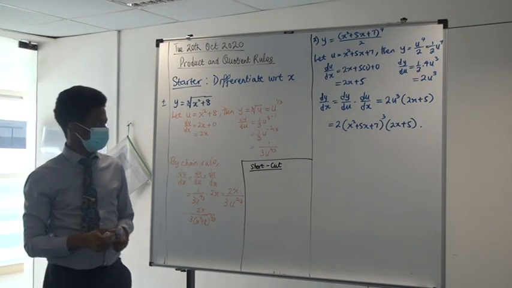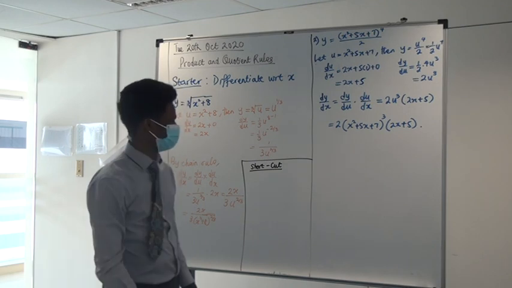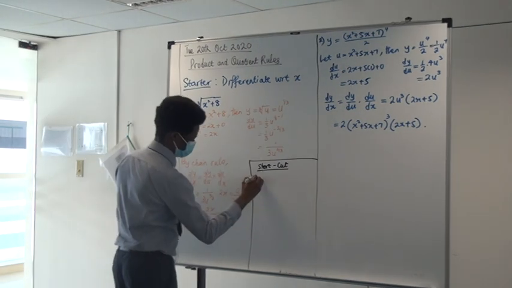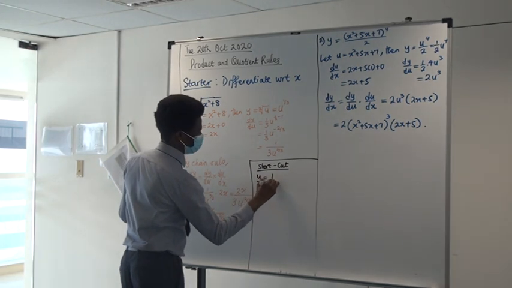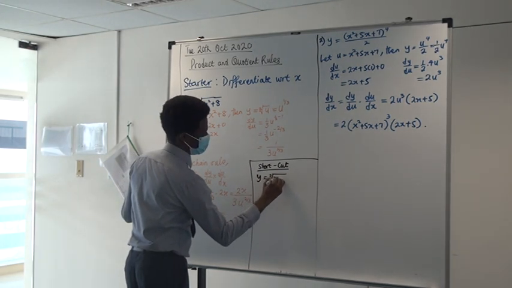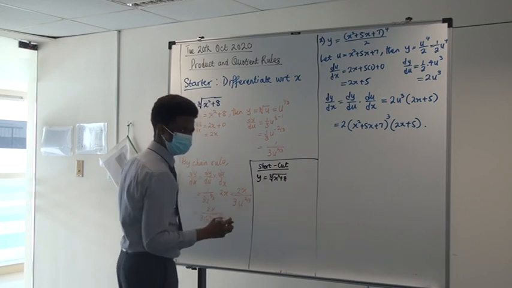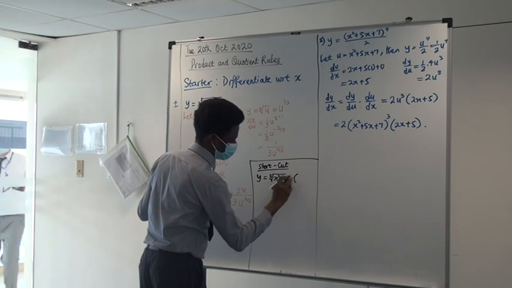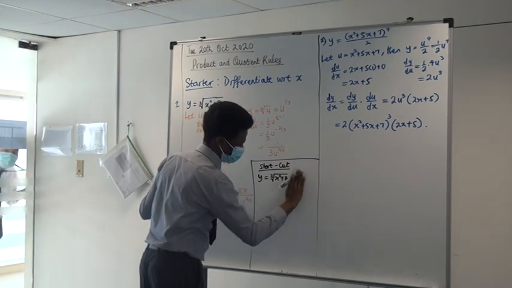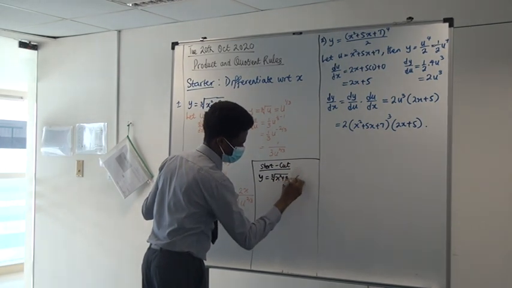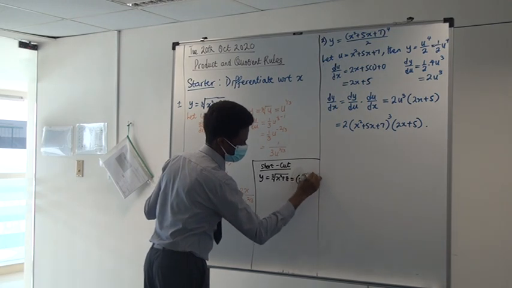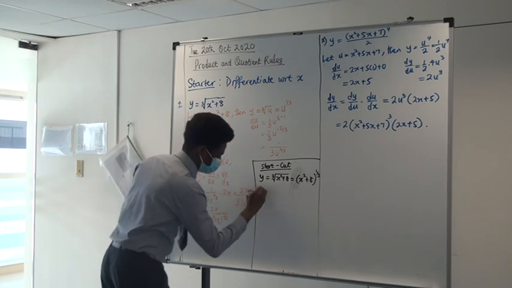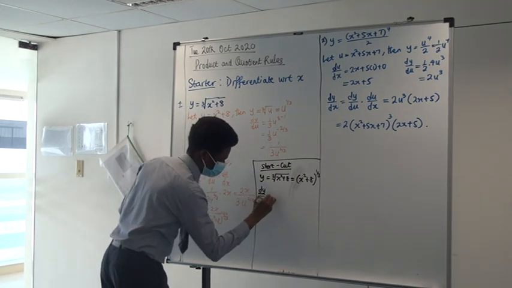Okay? Now, let's do the shortcut. To do the shortcut is to write your dy/dx directly from y equals cube root of x squared plus 8. The first thing you do is to write it as a fractional power. That will be x squared plus 8 to the power what? 1/3, right? The next thing is just to say dy/dx. Now listen.